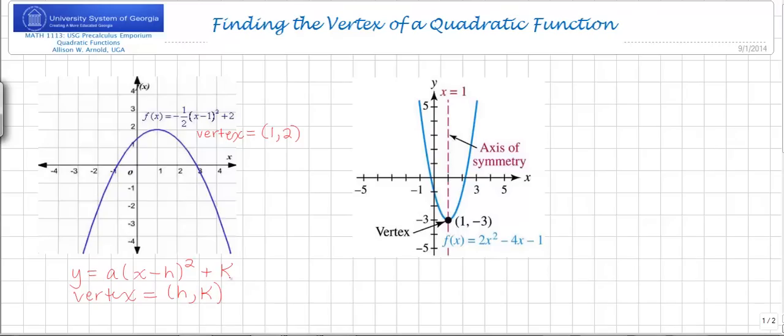Now, take a look at the parabola to my right, which is f of x equals 2x squared minus 4x minus 1. I want you to notice between the two forms that f of x equals ax squared plus bx plus c is referred to as general form, but it's simply the multiplied out version of standard form.